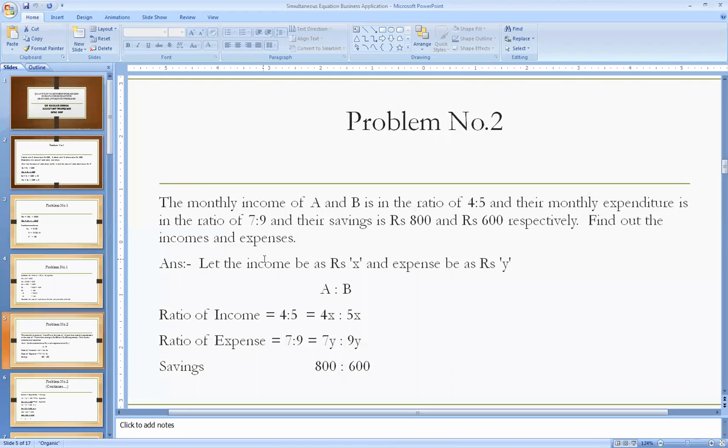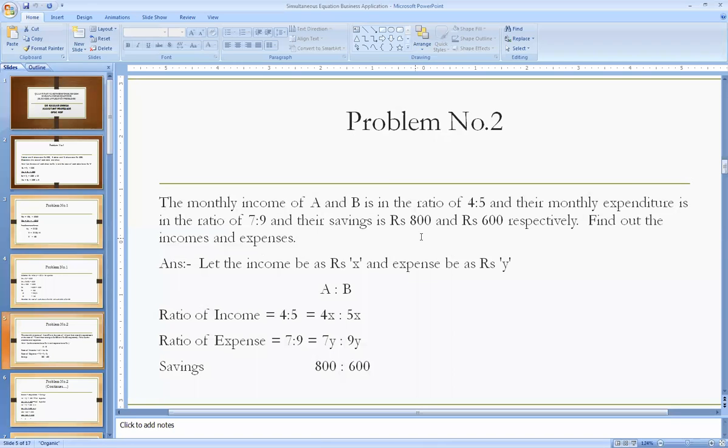They have not given the values of income of A as well as the income of B, and in the same manner the expenditure values of person A as well as person B. They have given only in the form of the ratio. The income ratio is 4 is to 5 and the expenditure ratio is 7 is to 9.